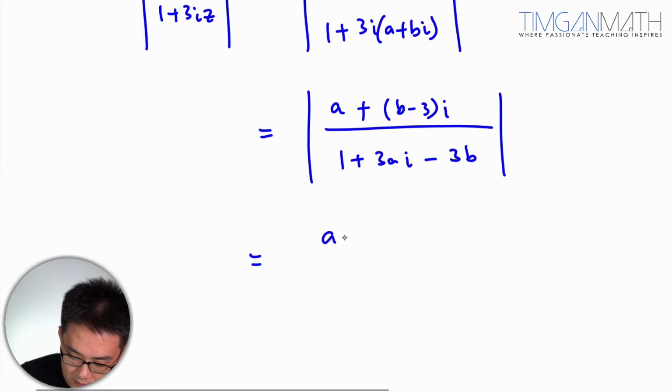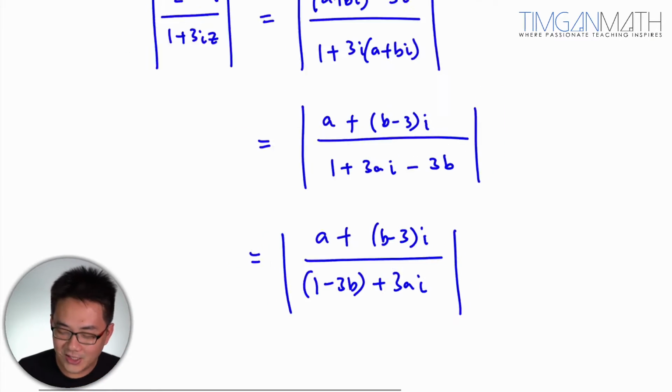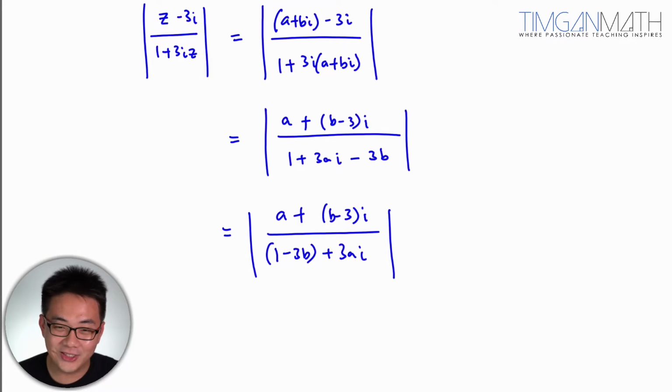Just be mindful of the expression (b minus 3)i here and 1 minus 3b. It's a lot of manipulation here.